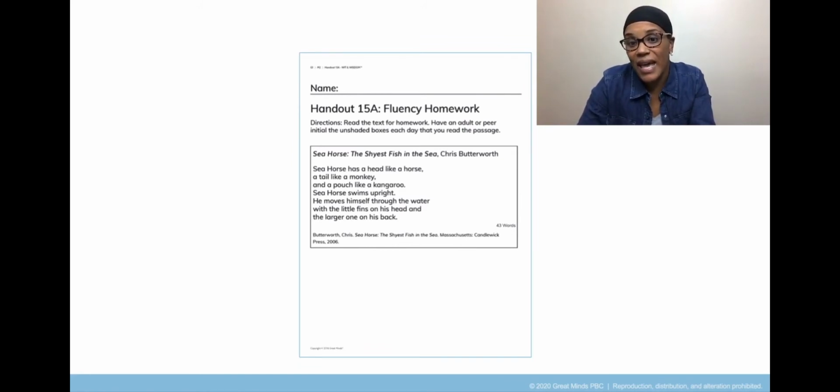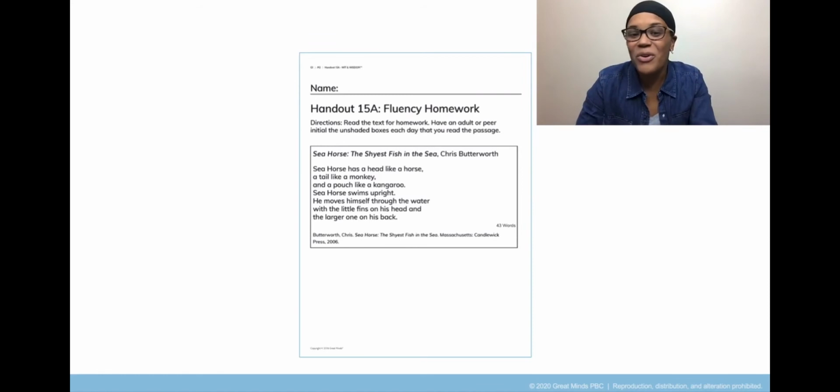Seahorse has a head like a horse, a tail like a monkey, and a pouch like a kangaroo. Seahorse swims upright. He moves himself through the water with the little fins on his head and the larger one on his back. What descriptions did you hear? Share with your learning partner.